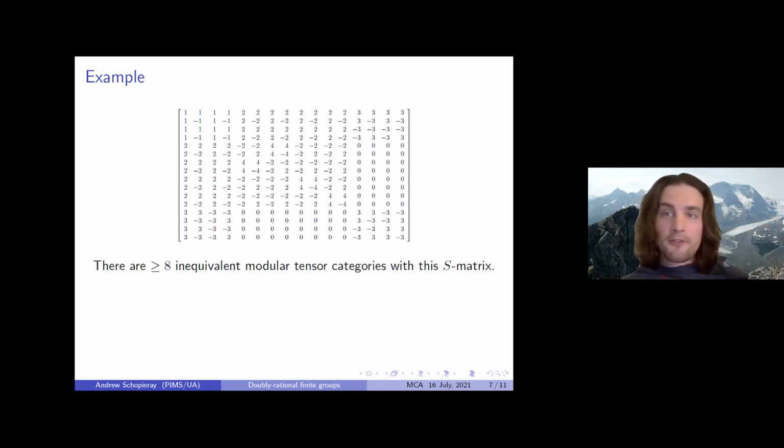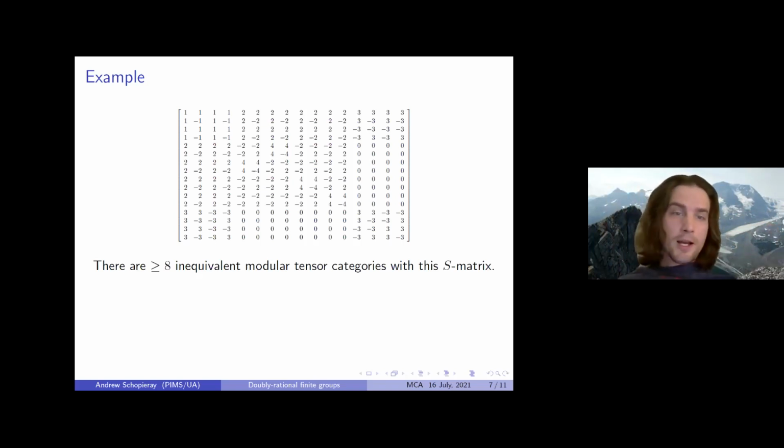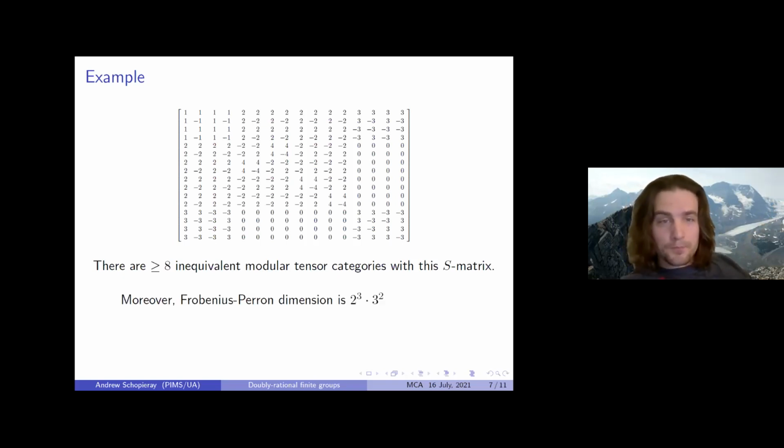And so even at a very small rank, the number of modular tensor categories for every S matrix is already starting to grow. It's only going to get worse as the rank increases for very silly reasons. So this question is actually much more interesting than the finite group case for this reason.